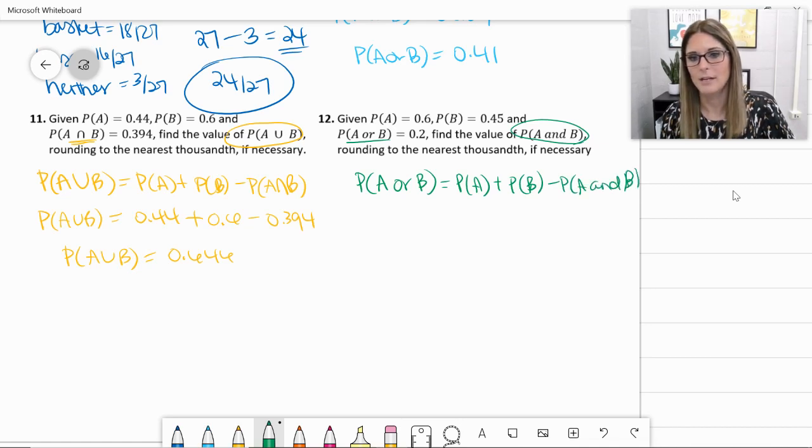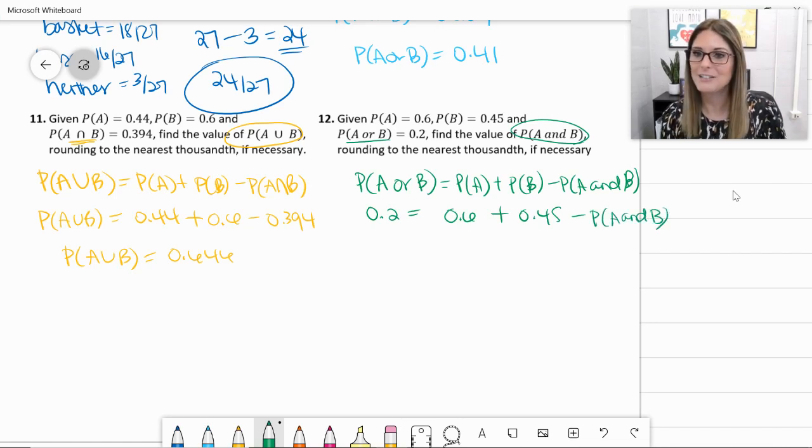So on this problem, I know the or, 0.2. I know that probability of A is 6 tenths. I know the probability of B is 45 hundredths, but I'm missing that probability of A and B that they want me to find.